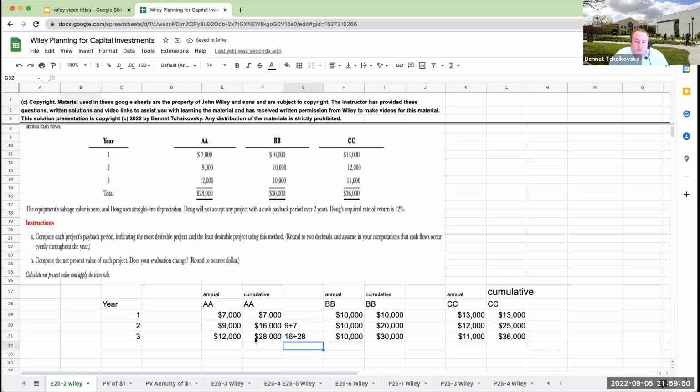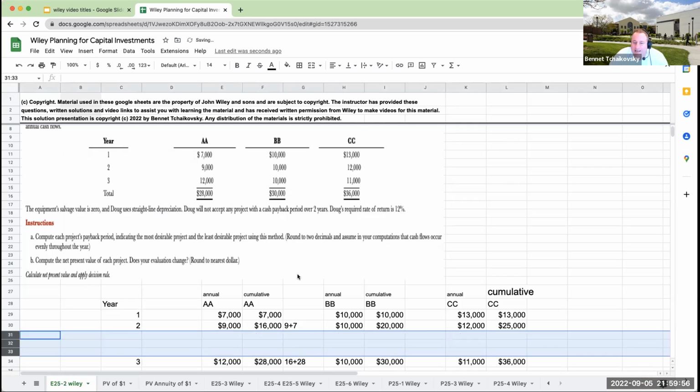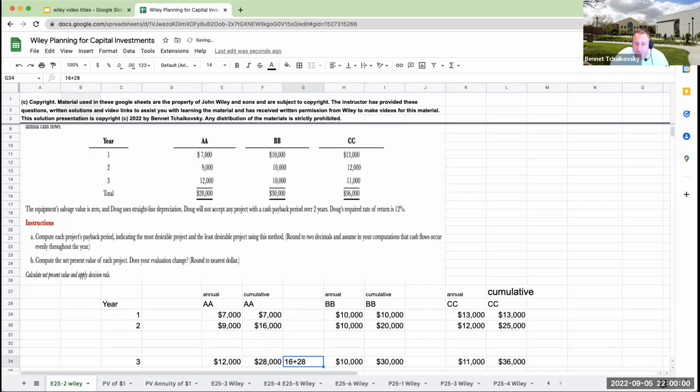Now, the reason this is important is that when we're looking at the payback period, we are using absolute dollars. So we're not going to pay attention to any type of interest rates. When does this project make back its $22,000 investment? When we look at this, it made back 16,000 by year 2.